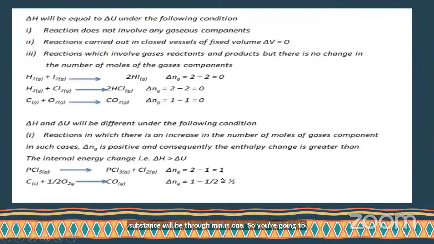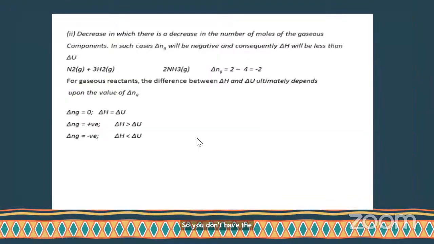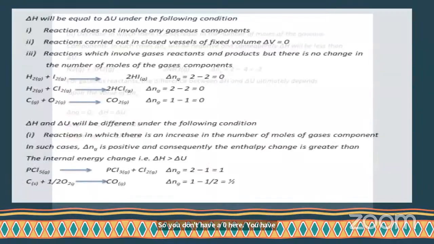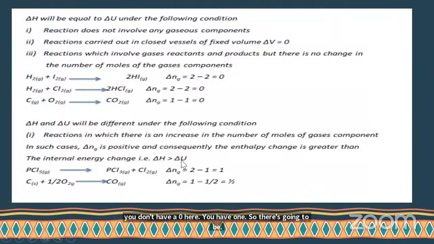So you don't have 0 here. You have 1. So there's going to be an increase, and the change in enthalpy is going to be greater than the change in internal energy. Again, you have another one here.